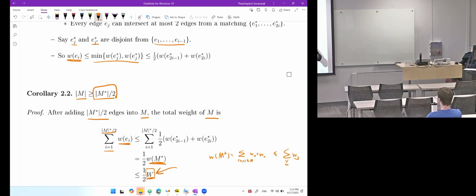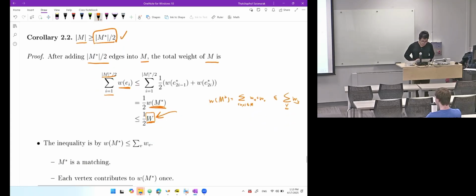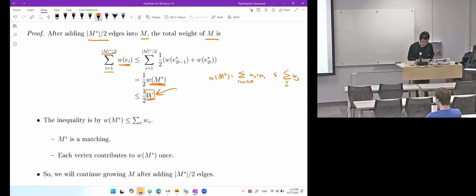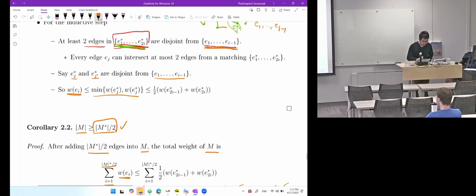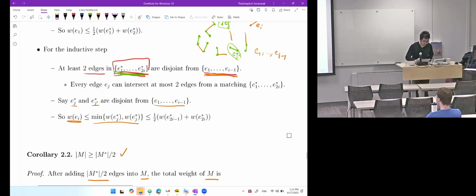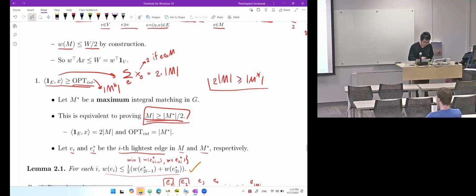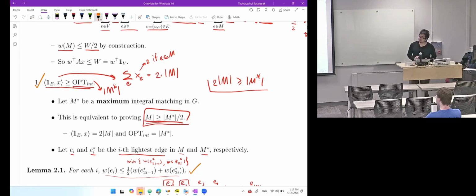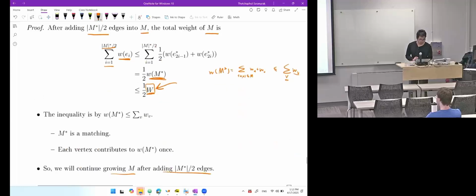It might stop after that, but it has at least this many edges in M. So we're done. We will continue growing M after adding this many edges. And if this is true, then it means that this is true. So we prove everything. Okay.